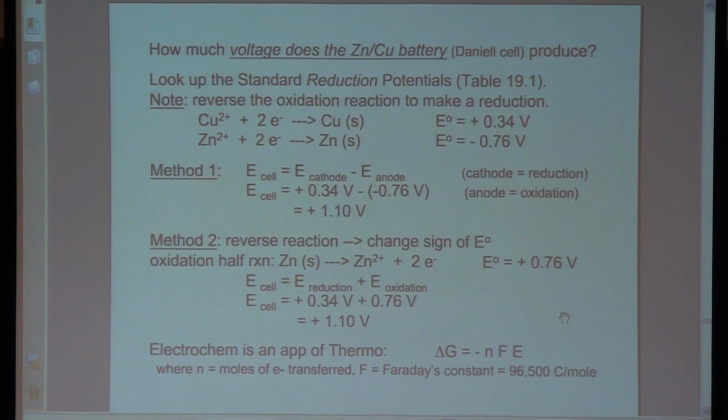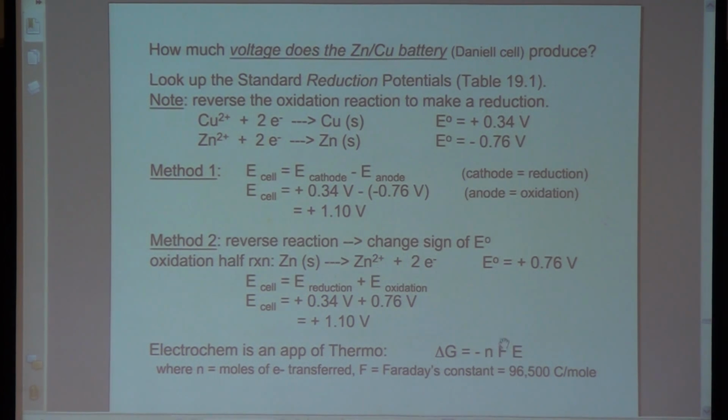Also, electrochemistry is an application of thermodynamics. Here's another equation: the cell voltage E is proportional to delta G. Delta G is equal to minus n, the number of moles of electrons transferred, times F, Faraday's constant, which is 96,500 coulombs per mole, where a coulomb is a unit of charge, times E. Note that if E for a battery is positive, delta G should be negative.